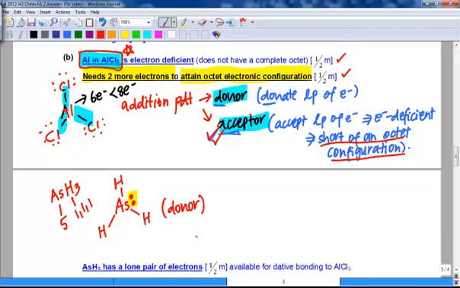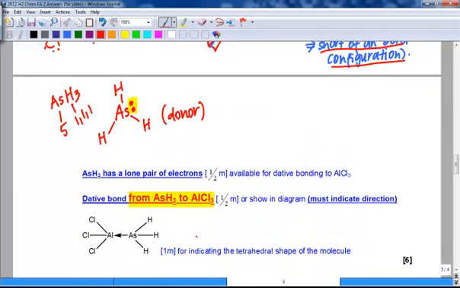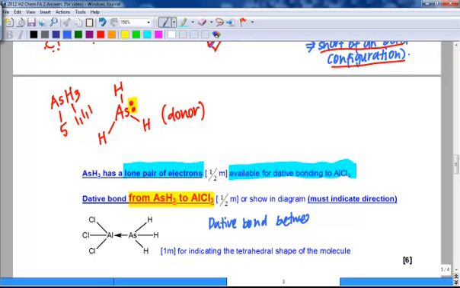So we must describe the donor. AsH3 has a lone pair of electrons available for dative bonding to AlCl3. And hence, finally, it can form a dative bond from AsH3 to AlCl3. In this case, some people actually wrote dative bond between AsH3 and AlCl3.